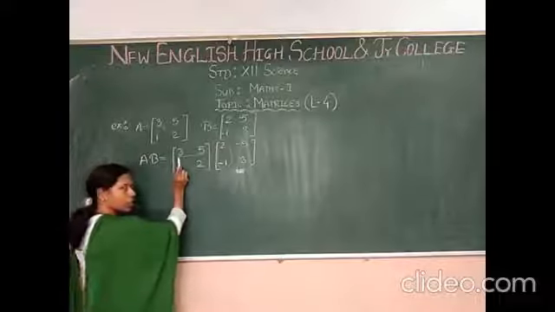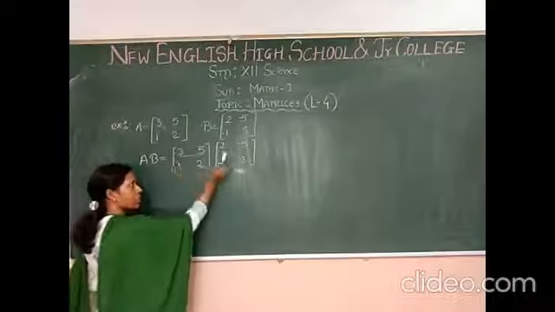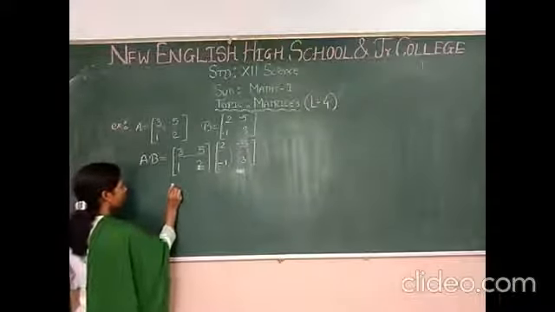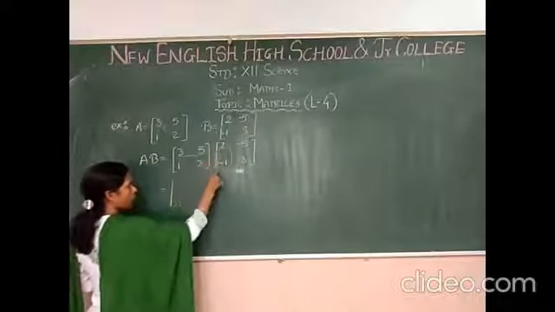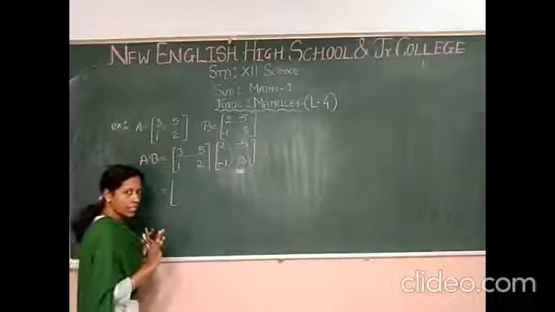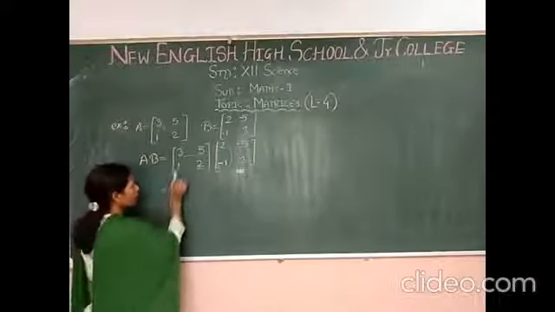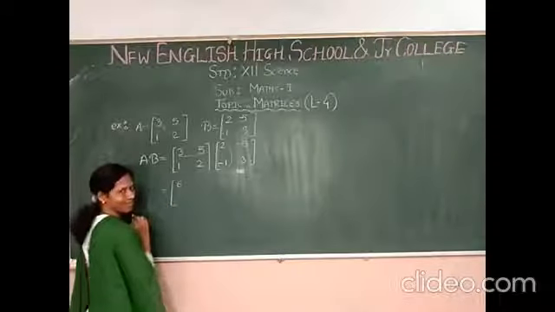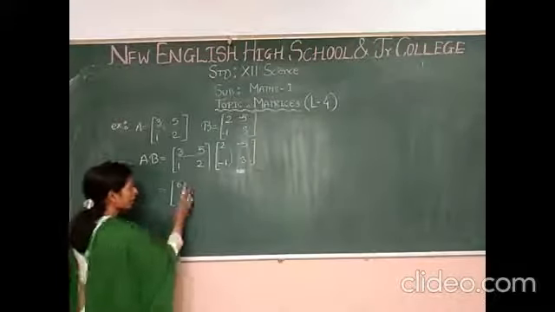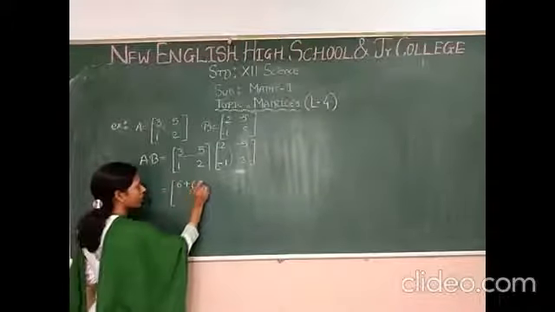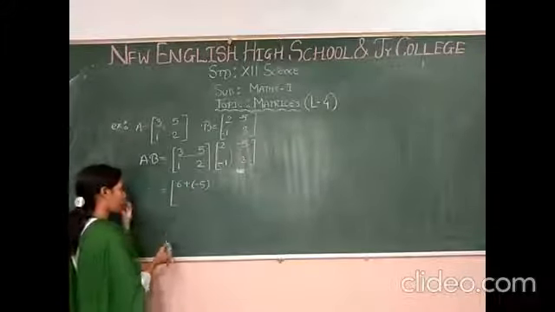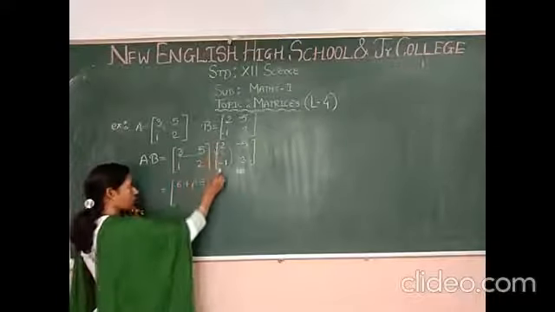Then the first row of the first matrix with the second column of the second matrix. Let us do it. First row, first column: 3 into 2, 3 2s are 6, plus 5 into minus 1, that is minus 5. Next, we are done with the first row and first column.